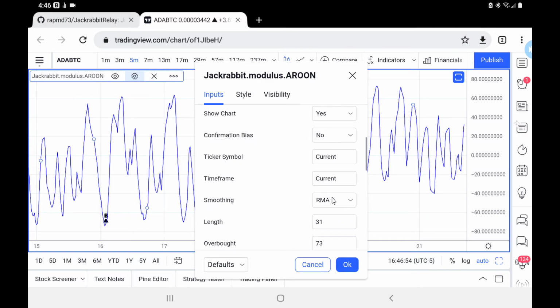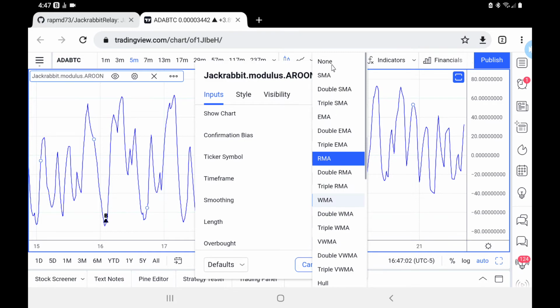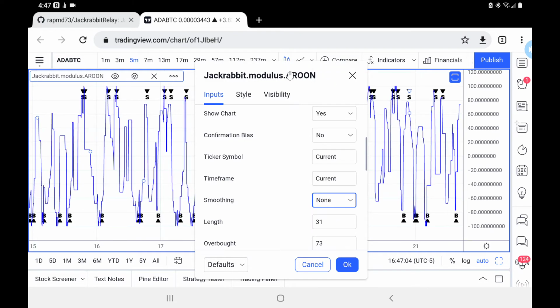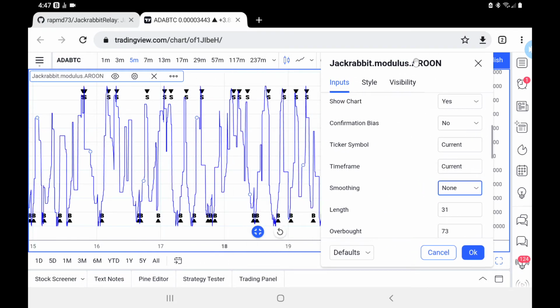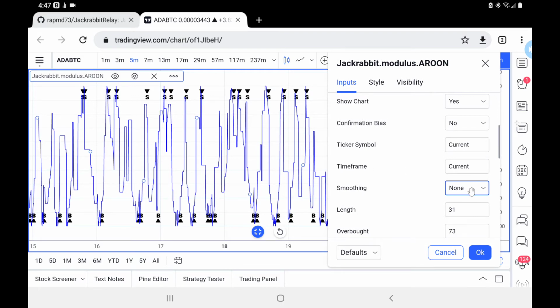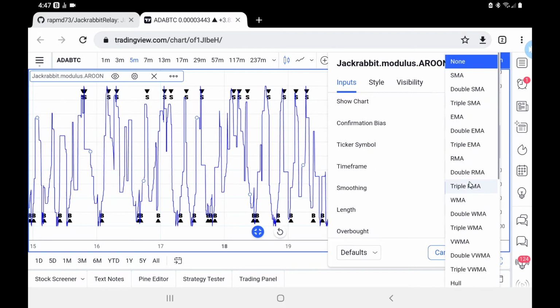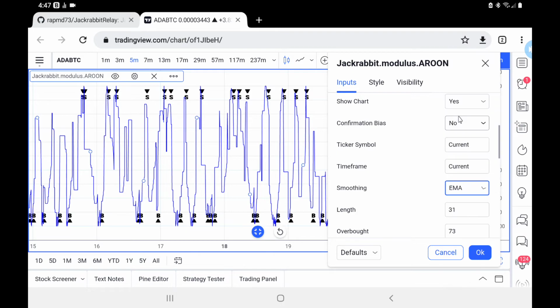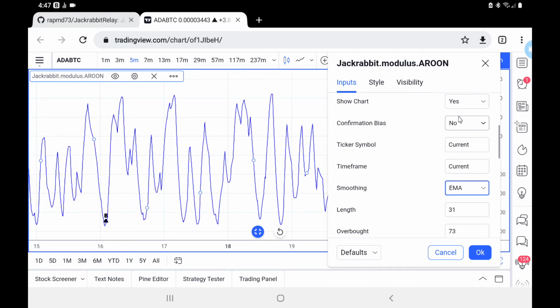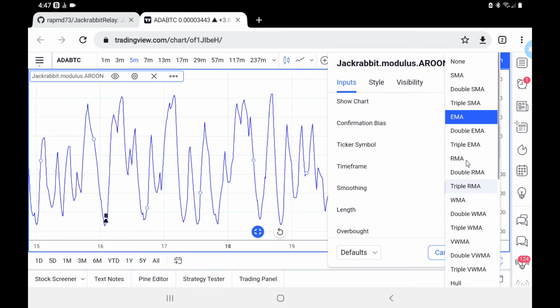I am using the RMA algorithm to conduct smoothing. So let's see what it looks like with no smoothing. Okay, there it is with no smoothing. Here it is with EMA. And finally back to RMA.